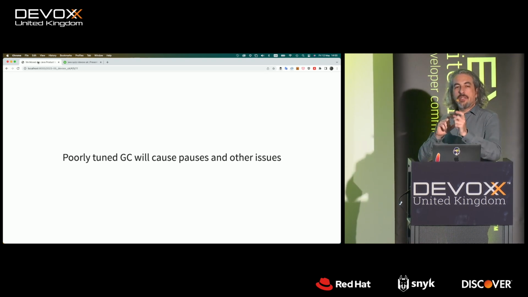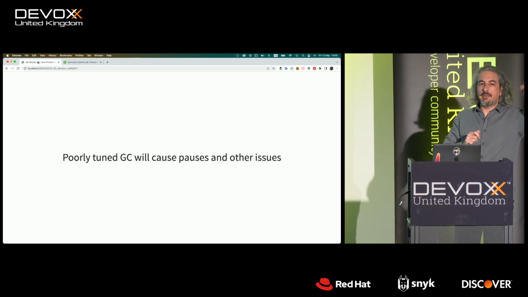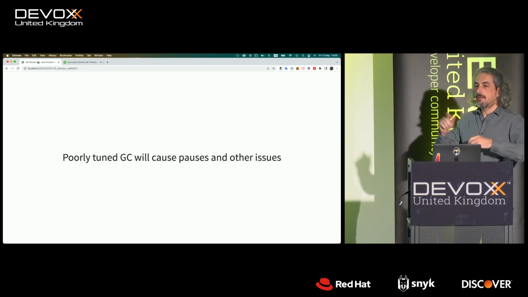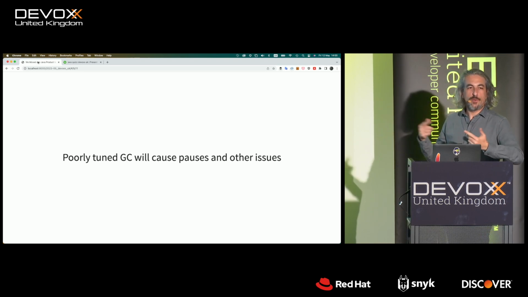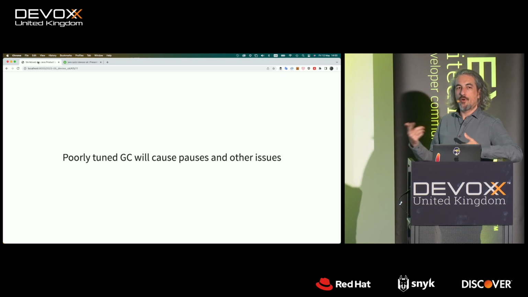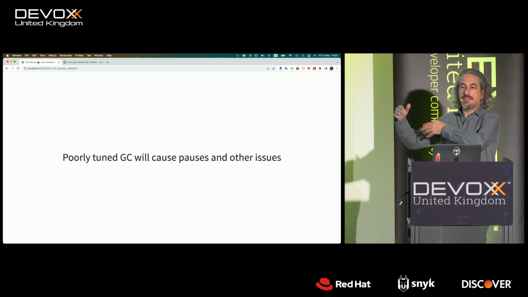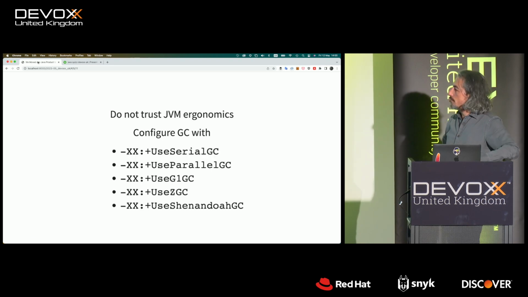Now suddenly, just changing one value, like the CPU request or limits, changes the garbage collector you're using, and maybe you get different results than you were expecting, and you don't know why. It's because the JVM just switched the garbage collector because you changed a different parameter somewhere else.